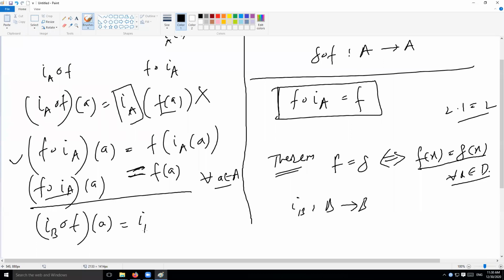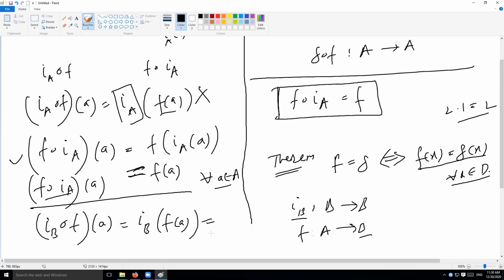Why? Because identity function of B is operated onto F of A. F is a map from A to B, and an identity map is a map from B to B. So F is going to throw the A into the set B, and the domain of the identity function of the set B is B. Therefore I can operate identity function of B onto F of A. But what would be the output?